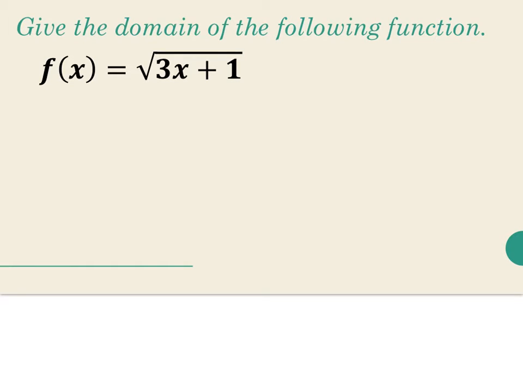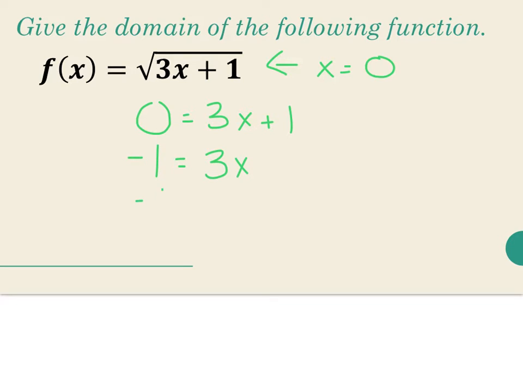So the smallest number that can be underneath this radical, the smallest number that x can be, is 0. So what we're going to do is set what's under the radical equal to 0 and figure out just exactly what x can be so that the number that ends up under the radical is 0. So I subtract 1 from both sides.